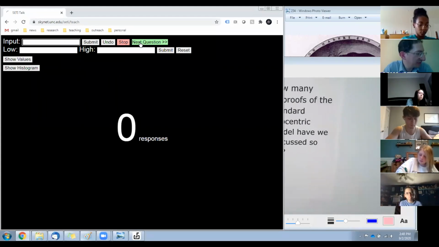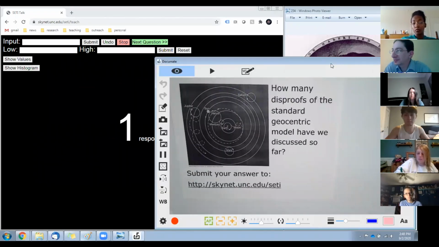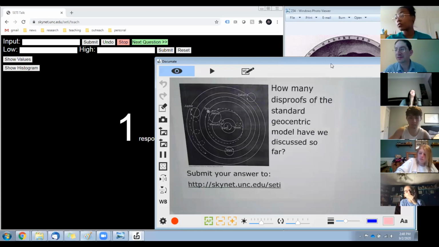How many disproofs of the standard geocentric model have we discussed so far? We've discussed a number in class. You had some video homework to watch, so count them up and see how many you come up with. I'm not going to send you to the breakout rooms. I just want to see how many you can think of.